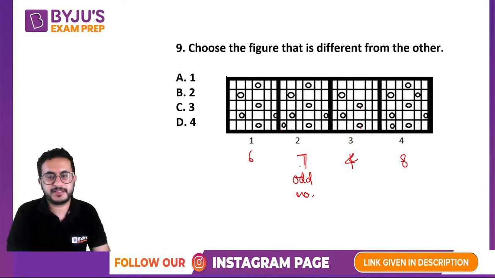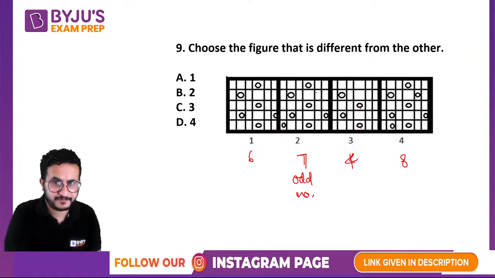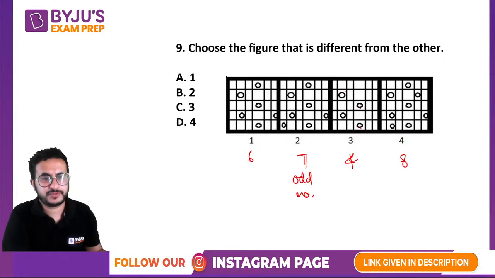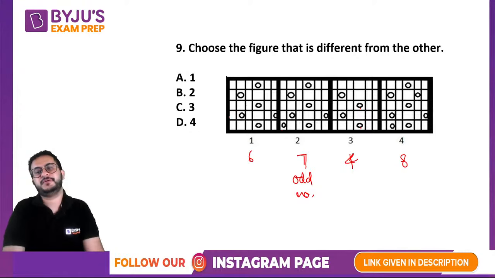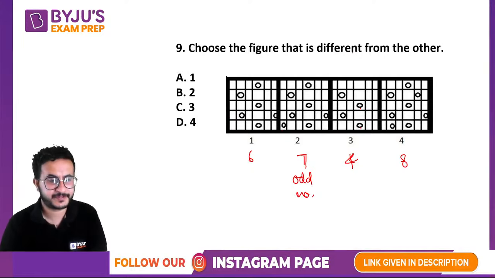Some people might say that this has an odd number of circles and all others have an even number of circles. Then most of you are saying that the first row is empty. Okay, that could also be a way to see the answer, that the first row is empty, in all others the first row is filled. So there could be different perspectives.